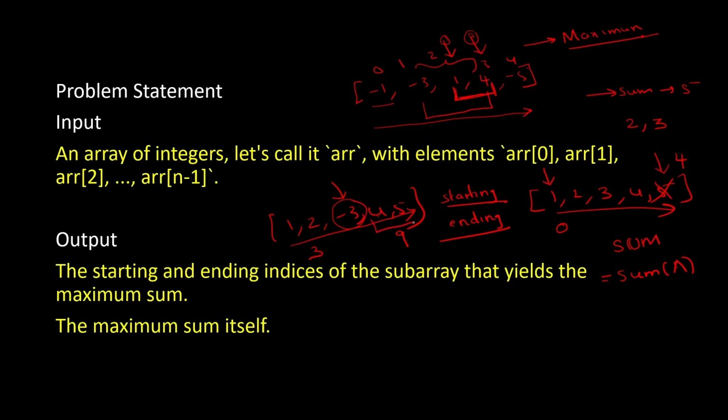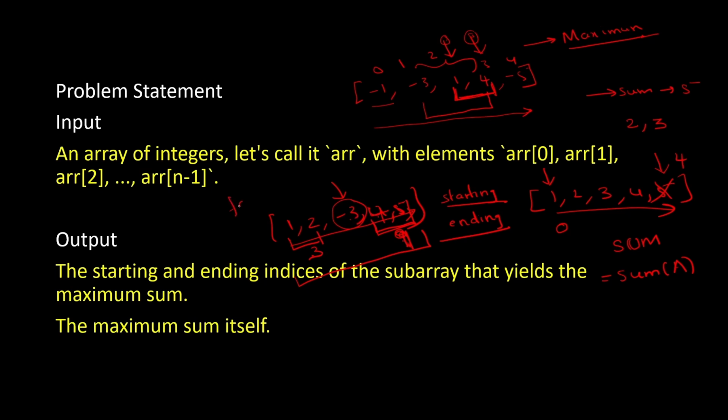If I take this subarray, I will get 9. If I take this subarray, I will get 3. If I take the entire array, -3 and +3 get cancelled, and the answer is again 9. So the solution could be either 4 comma 5, or you can take the full array as a subarray also. Both of them are solutions.